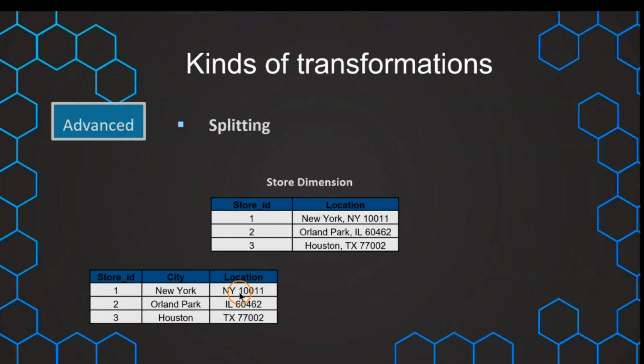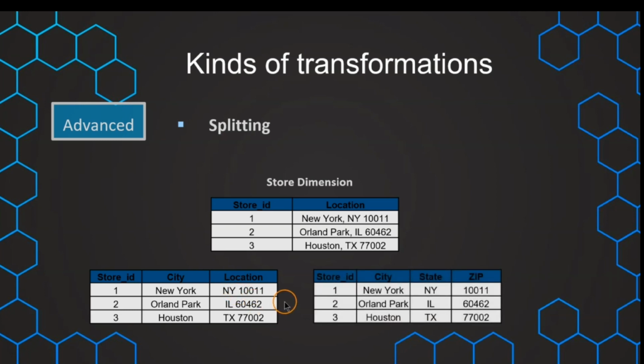And of course, after that, we can again split by a delimiter. So this could be a white space, but another type would be splitting by length or by position. That means always at the third position, make a split and put the first characters into the first column and the rest of the characters into another column.